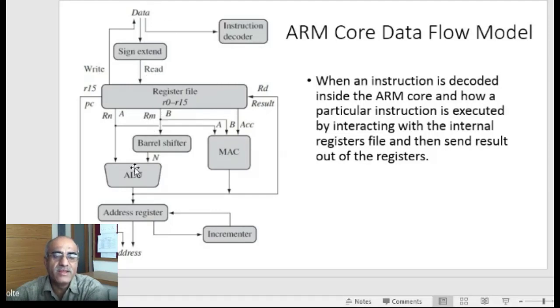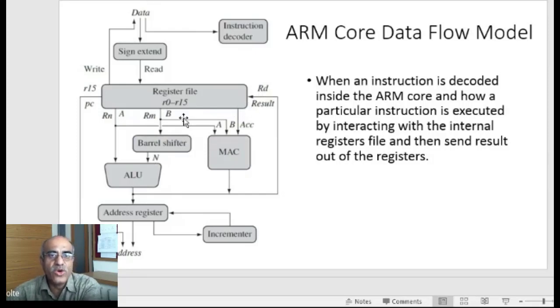Suppose the addition is there, that addition has some opcode, which is decoded, and that decoded signal will ignite this ALU in such a way that whatever inputs are available on Rn and Rm get added, and the result should be written back into one of the registers, that is the destination register.